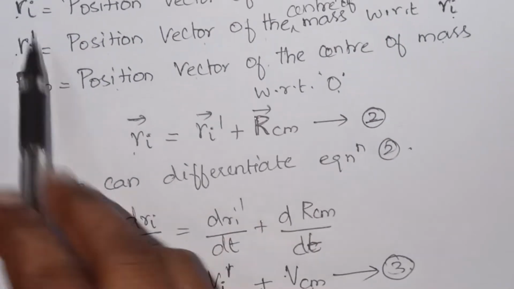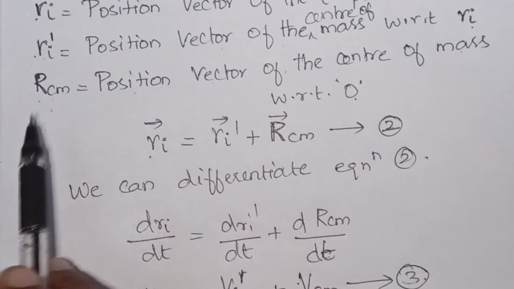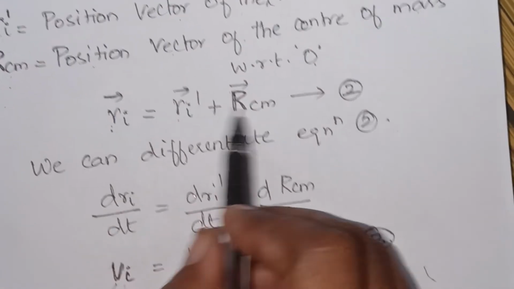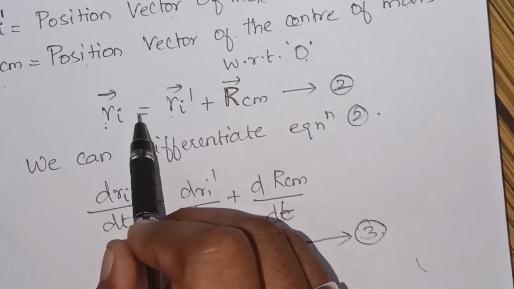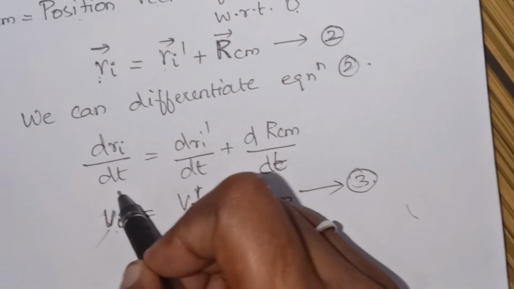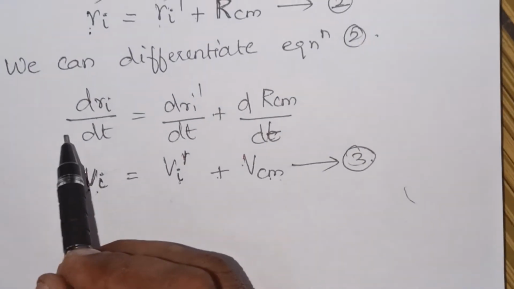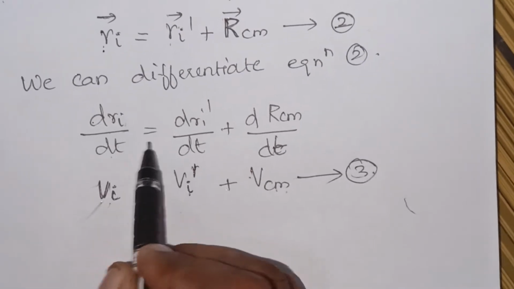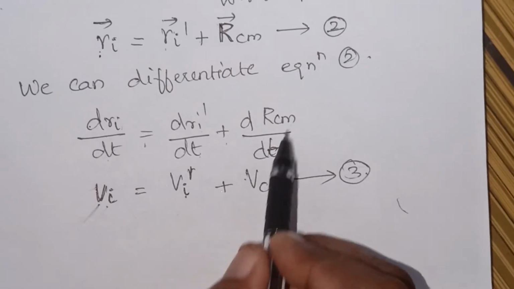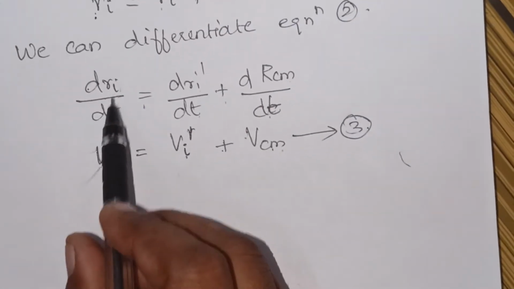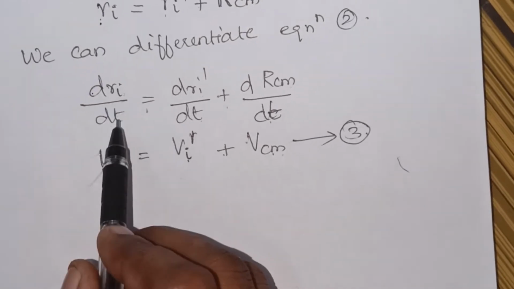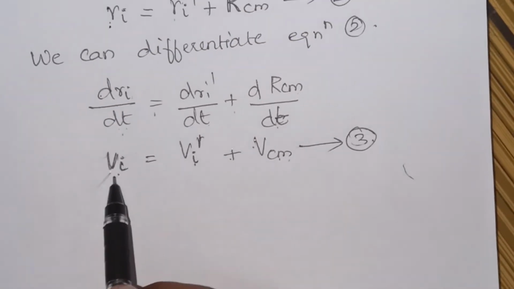What is the relation between Ri, Ri dash and Rcm? That is Ri is equal to Ri dash plus Rcm. Now we can differentiate the above equation, equation number 2, so that we can get the velocity of the system. So differentiating equation number 2, dRi by dt is equal to dRi dash by dt plus dRcm by dt. dRi by dt is nothing but the rate of change of displacement with respect to time, that is called velocity.